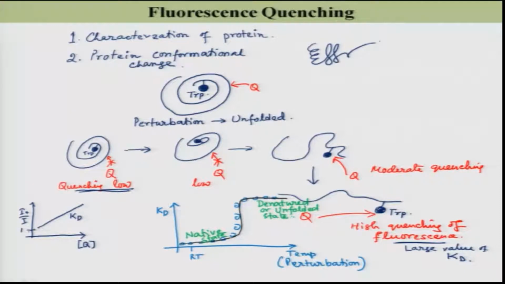Suppose you have done exactly the same experiment, but not temperature as your perturbation, but change of pH as your perturbation. So, in this case, let us assume that you have used pH as your perturbation, and you have measured this Kd value at different pH. And you are plotting it versus pH, and what you have seen is such a feature at neutral pH.